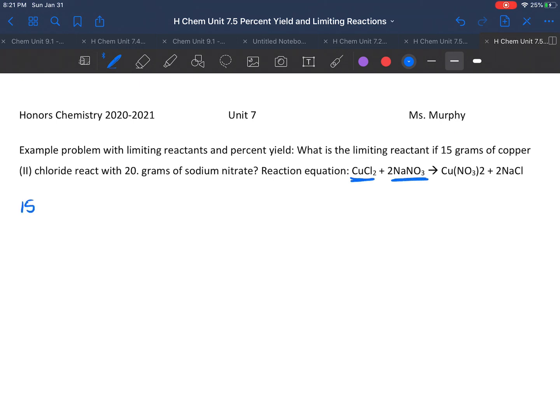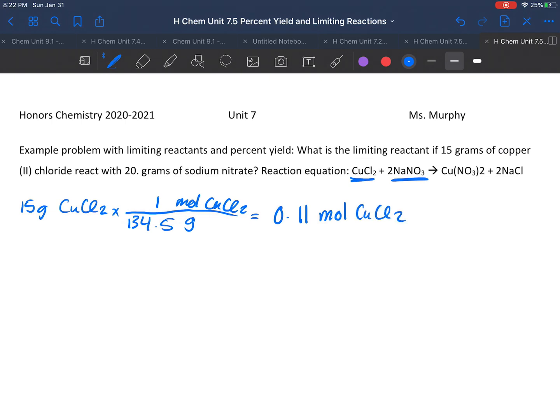So if we have 15 grams of copper chloride, we first go from grams to moles of copper chloride. And in 1 mole, we have 134.5 grams. That gives us 0.11 moles. And we're going to divide that by its coefficient of 1. That gives us our value of 0.11.